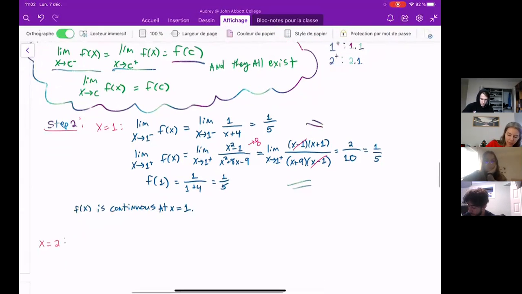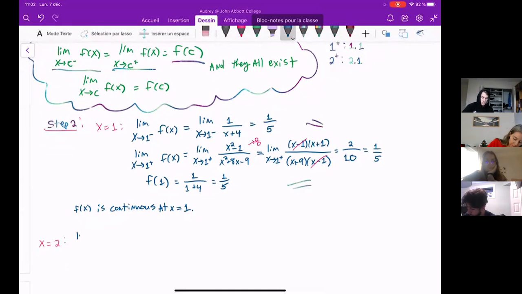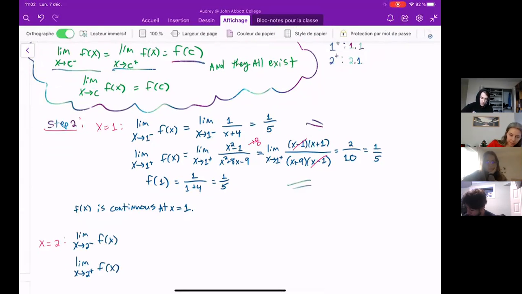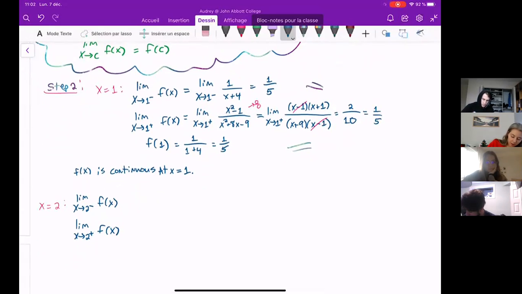And so we'll start with the limit as x approaches 2 from the left of the function, the limit as x approaches 2 from the right of the function, and f of 2. And 2 from the left was our middle function.